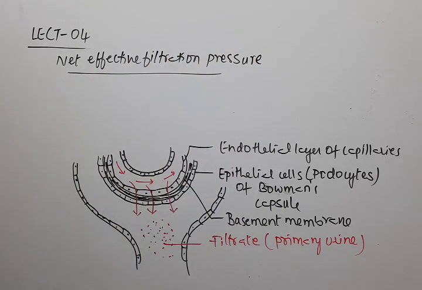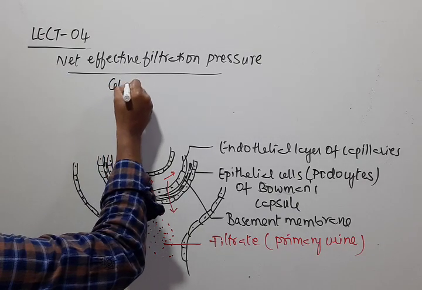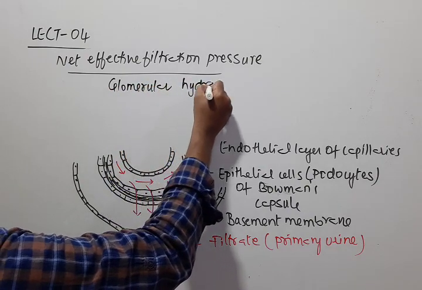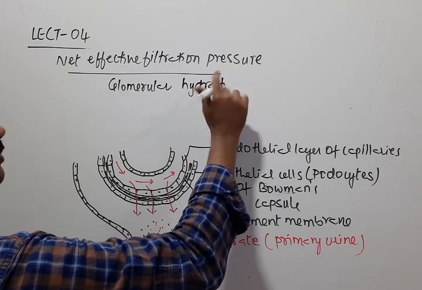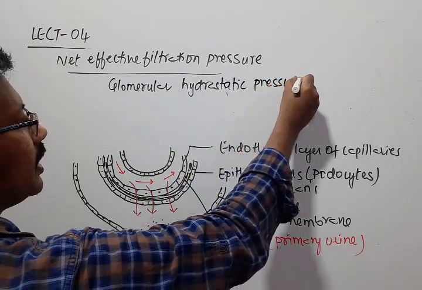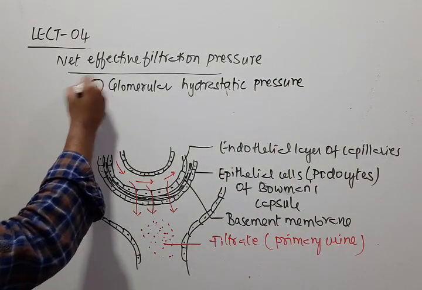To calculate this net effective filtration pressure, we need to know certain things. One is glomerular hydrostatic pressure.